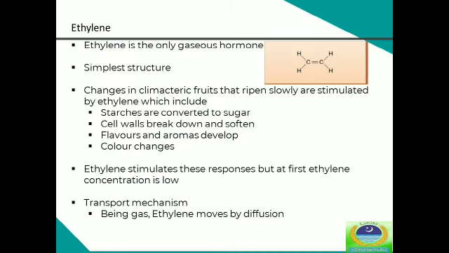The last well-known group of hormones that I'm going to discuss is ethylene. Ethylene is the only gaseous hormone which has the simplest structure, as you can see here. Climacteric fruits can ripen even after harvesting, for example, mango, banana, tomato, avocado, etc. The changes in climacteric fruits near maturity or near final development are stimulated by ethylene.